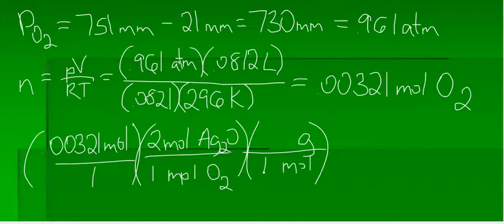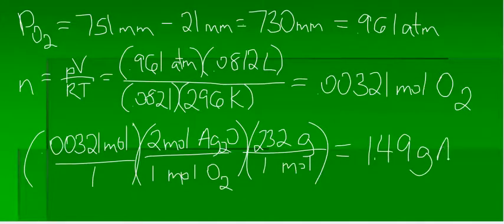In 1 mole, there are 232 grams of silver oxide. You'll notice this in the previous problem, they just kind of worked differently. In this one, I did the gas law first and then stoichiometry, instead of stoichiometry first and then the gas law. So I'd end up with 1.49 grams of silver oxide. But again, main correction, if something is collected over water, just subtract the vapor pressure for water.